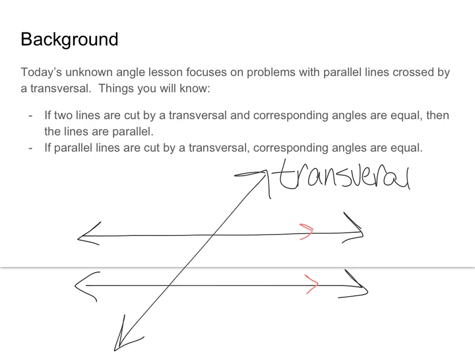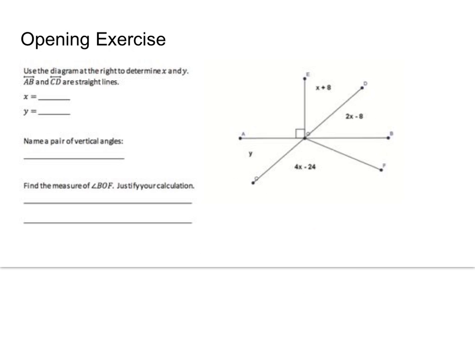So, if two lines are cut by a transversal and the angles are equal, then the lines are parallel. Or we could say, if parallel lines are cut by a transversal, the corresponding angles are equal. So you either go from angles being equal to lines being parallel, or lines being parallel, therefore angles are equal.